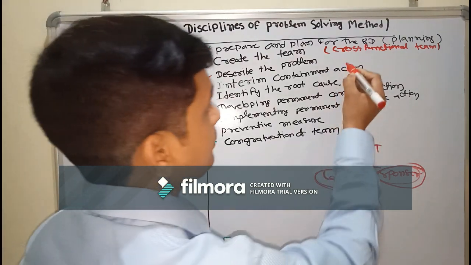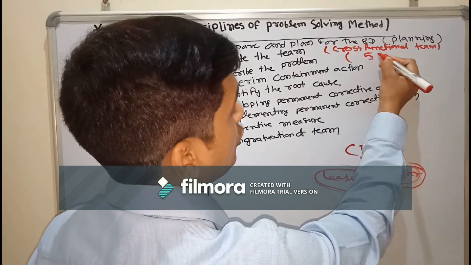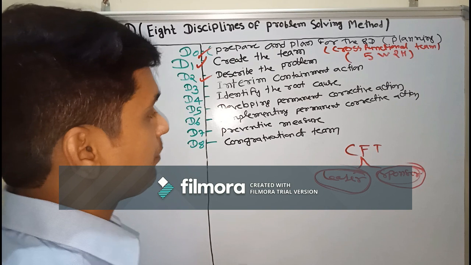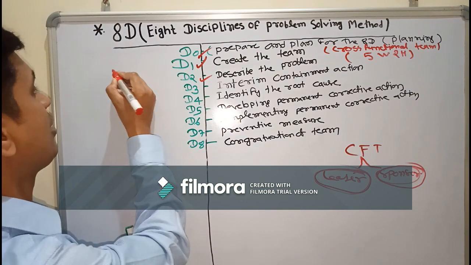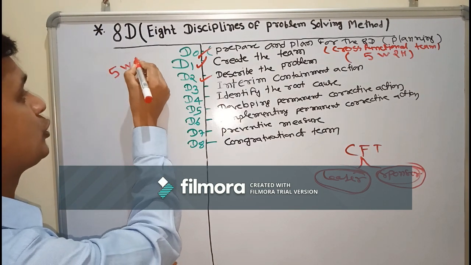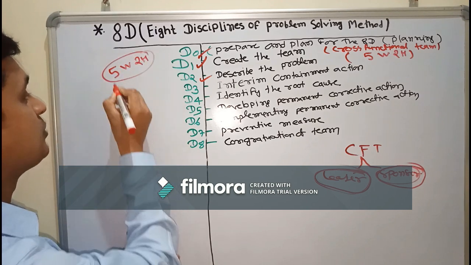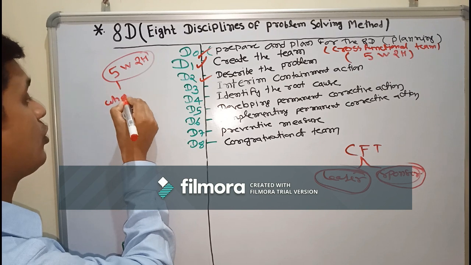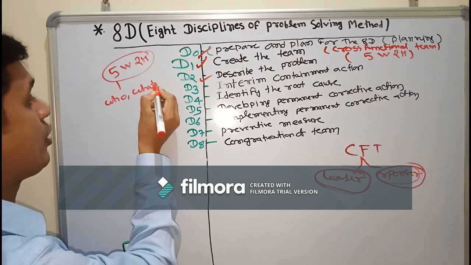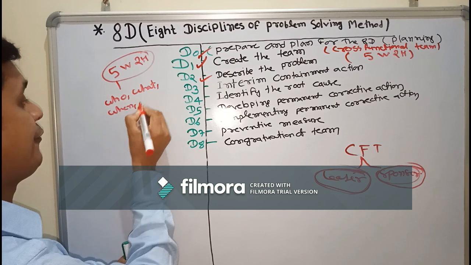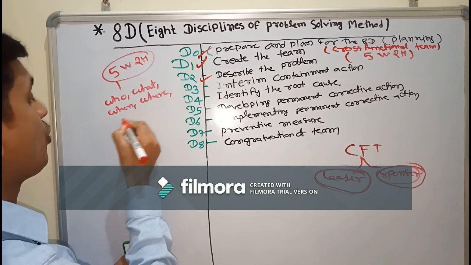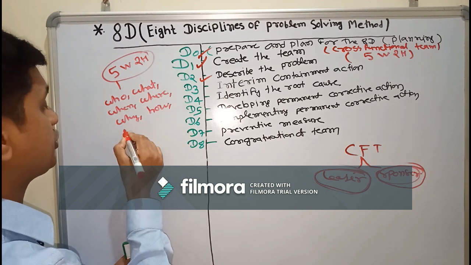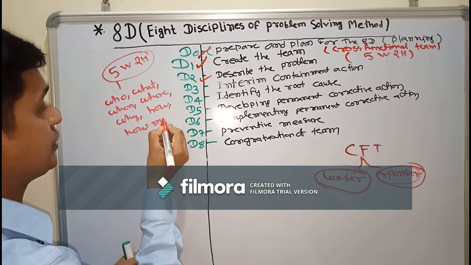On the basis of 5W2H you have to find the problem. 5W means who, what, when, where, and why, and 2H means how and how much.